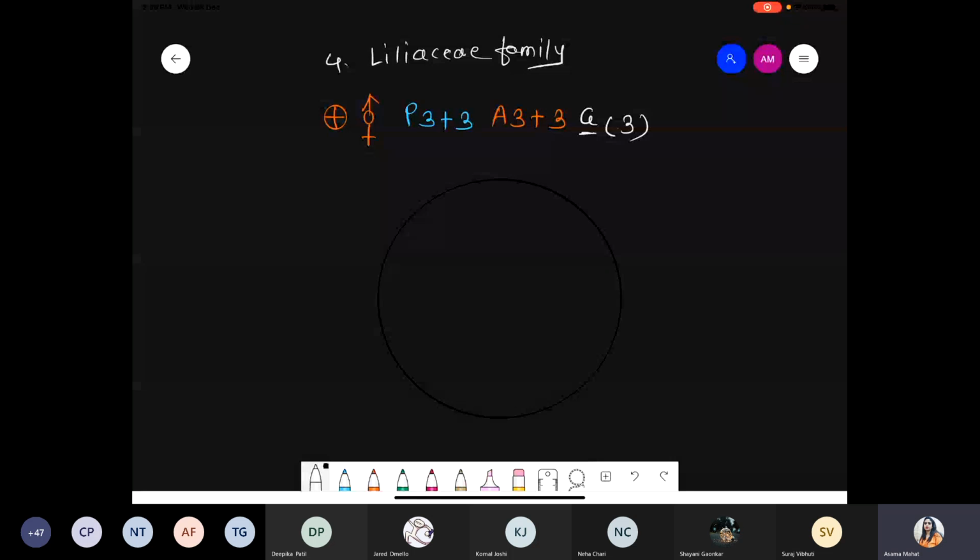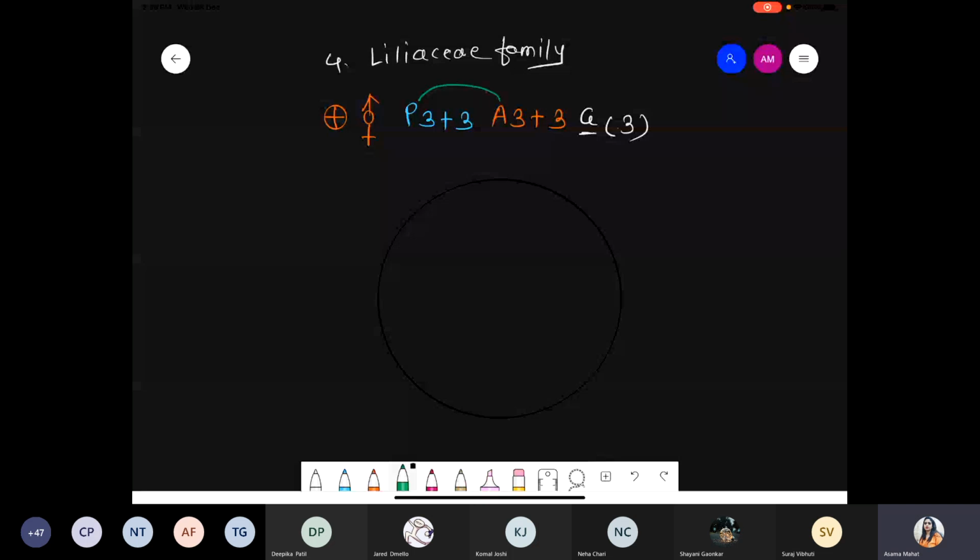Okay, P 3 plus 3 means 3 toward the outer side and 3 toward the inner side. And one important thing, the androecium, that is the stamen, is attached to the perianth. So could you please tell me, when the stamen is attached to the perianth, this condition is called as, quickly tell me.